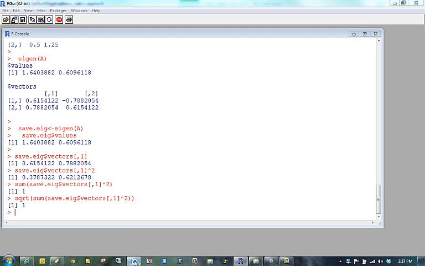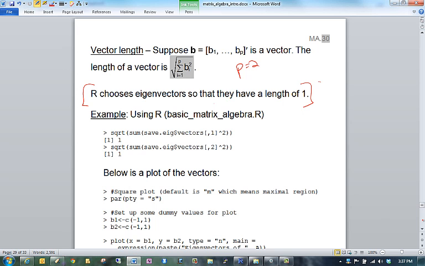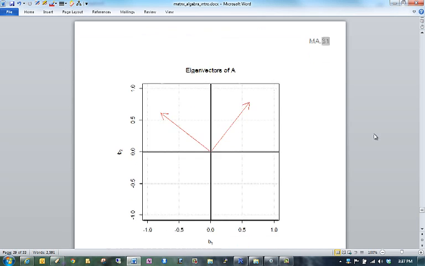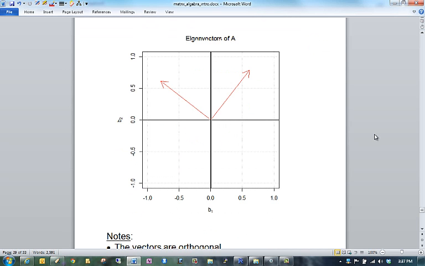Well, let's see this graphically then. Let's skip ahead to the plot, and we'll talk about how I got the plot shortly. Here's a plot of my two eigenvectors. So my eigenvector, let's call it B, has two components, B1 and B2. I'm going to put B1 on the x-axis, B2 on the y-axis.